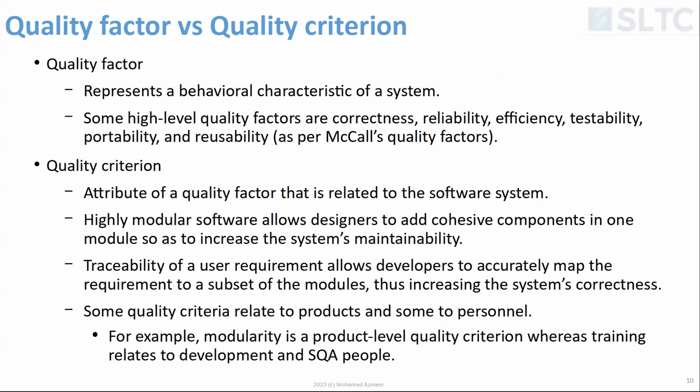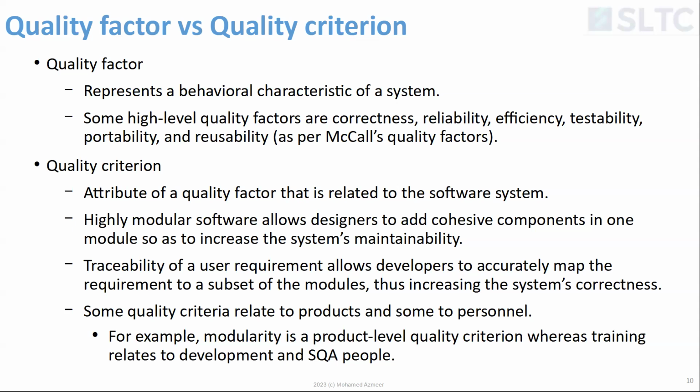If you bring in another factor for this, there are two factors here: quality factor and quality criterion. Actually, we are going back to our lesson 5, where we looked at certain models. If you remember McCall quality factors, that's what we're talking about here as well.